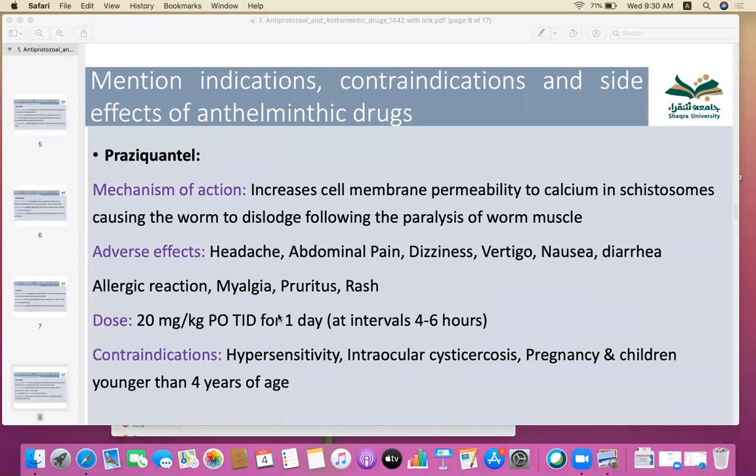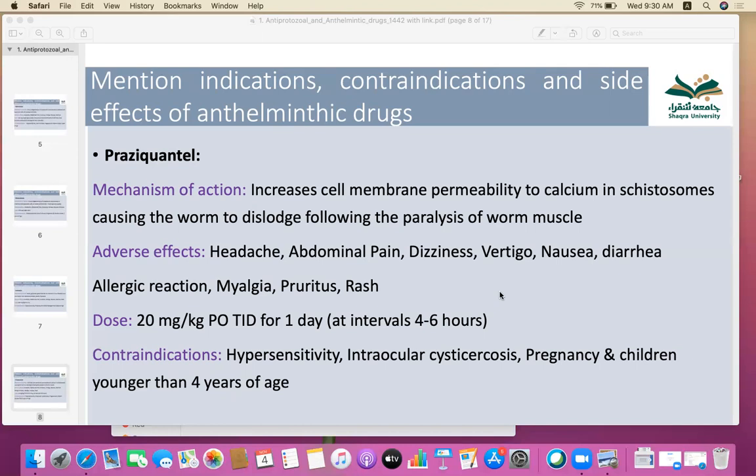Next one is praziquantel. It increases the cell membrane permeability to calcium in schistosomes, causing the worm to dislodge following paralysis of the worm muscles. Worm muscles are important to firmly attach to the intestinal membrane in the human.